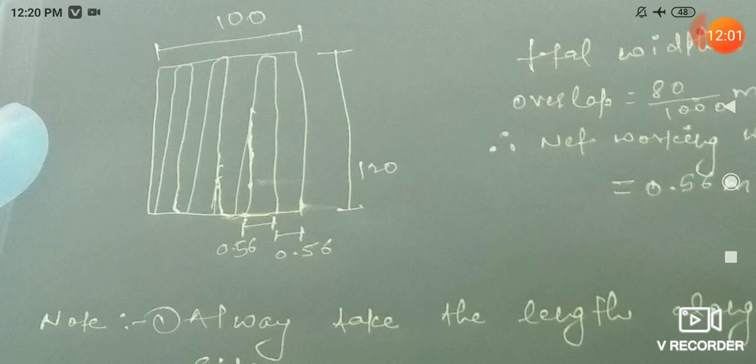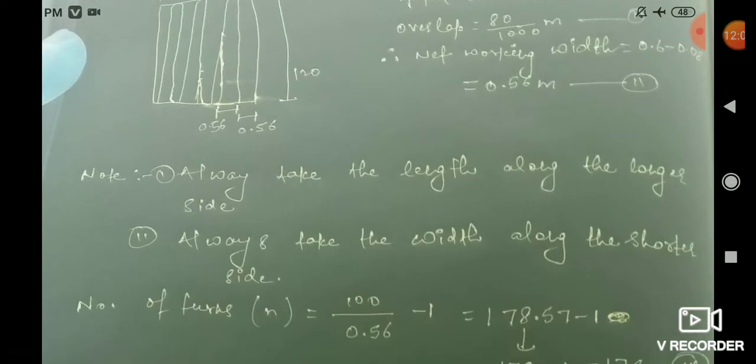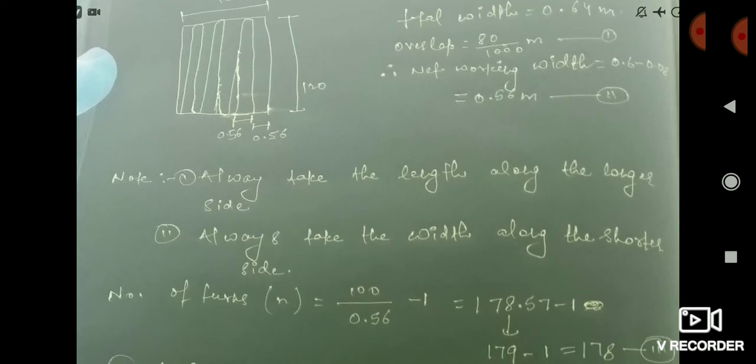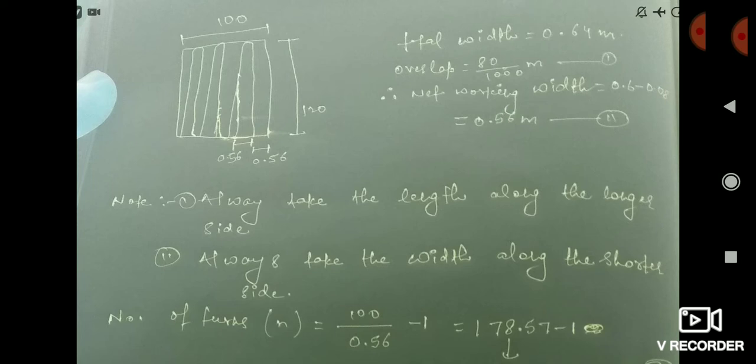So you should always consider minus 1 when solving these questions: total width divided by width between successive turns, minus 1, because at the last the tractor will not return.